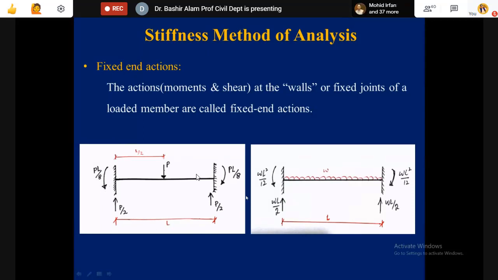And these will be the vertical reactions, P by 2, P by 2. L is the span, W fully loaded now. So the member end moments are WL squared divided by 12. And you can see the reactions WL by 2, WL divided by 2.